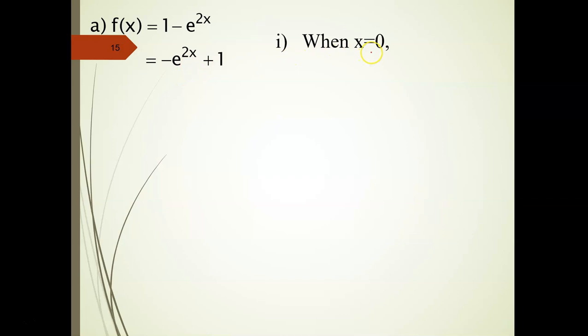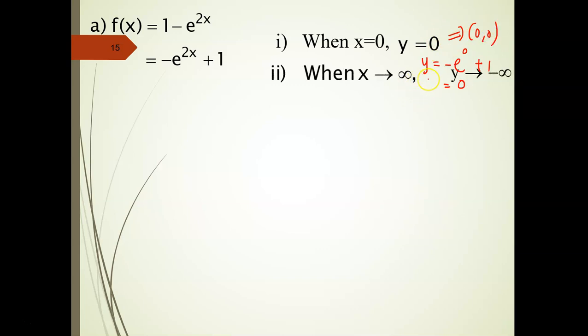So when x equals to 0, then your y will be equals to 0. Why is it like that? You can substitute inside here. y equals to negative e to the 2 times 0 is 0, plus 1. e0 is 1, negative 1 plus 1 is 0, so that's why you have 0. So you will have (0, 0) here.